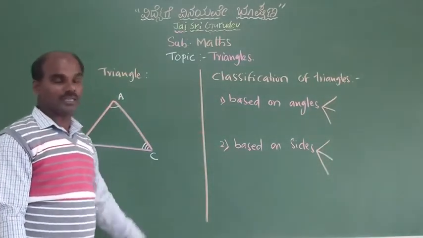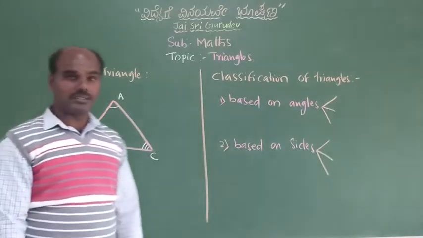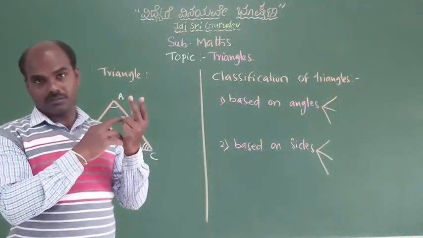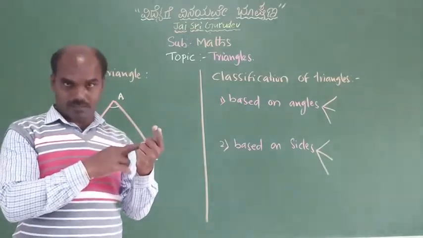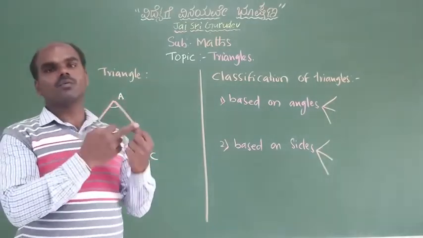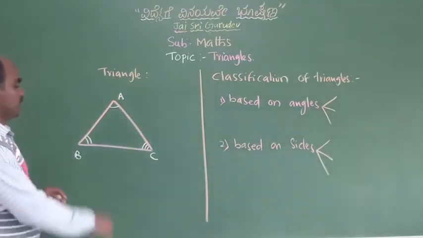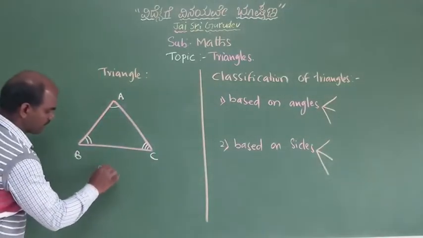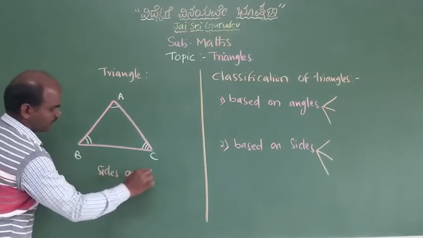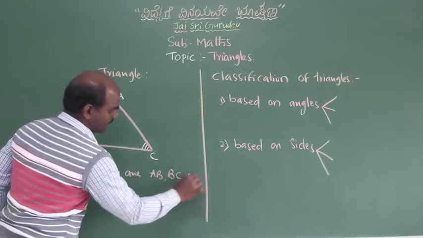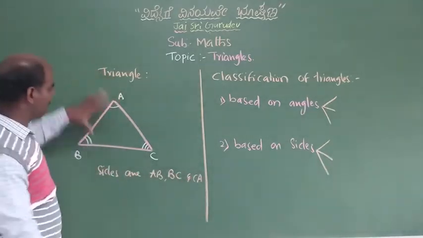In the triangle, what are the parts there? Three sides, three angles and three vertices. So the sides are AB, BC and CA. Yes or no, children?